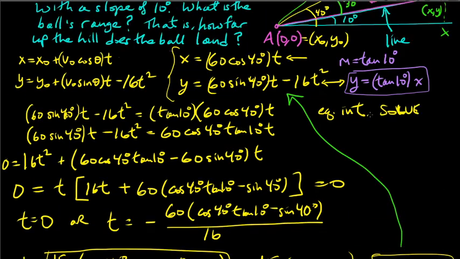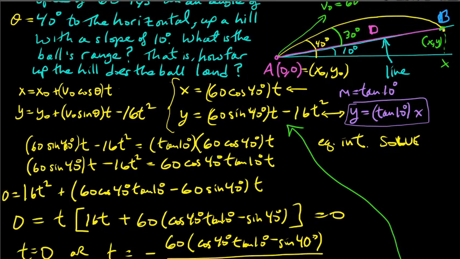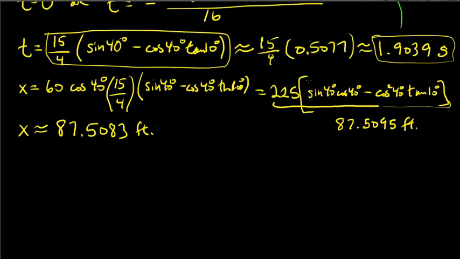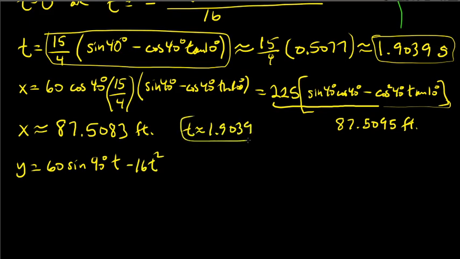All right, that's x, but notice we also need y. So that's going to be the second equation, 60 times the sine of 40 degrees times t minus 16t squared. Where t is what? Okay, so at this point I'll just plug in this t in here, and it'll be close enough.